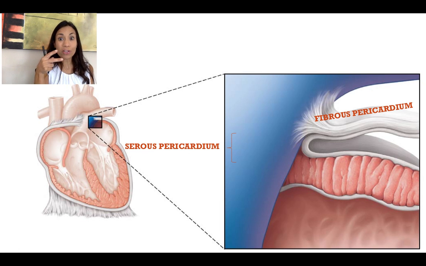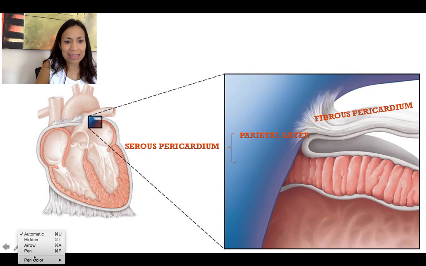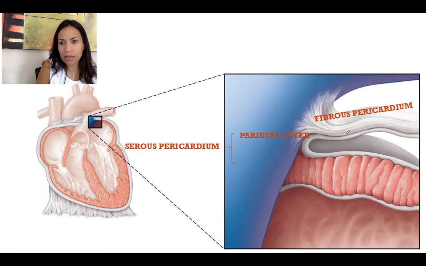This serous pericardium also has two layers. One is the parietal pericardium, which faces the fibrous pericardium. So this is your fibrous pericardium, and this is the parietal layer of the serous pericardium.